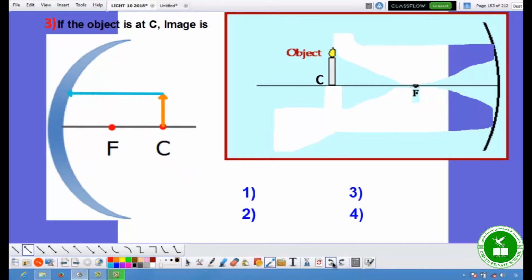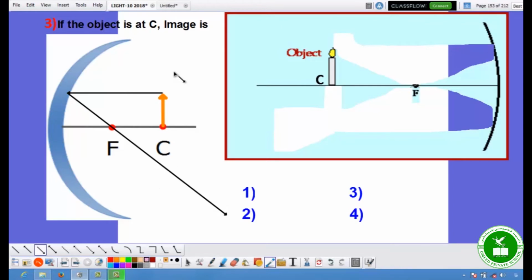Okay, let's say it is parallel to the principal axis, it will be reflected back in such a way that it passes from the focus.